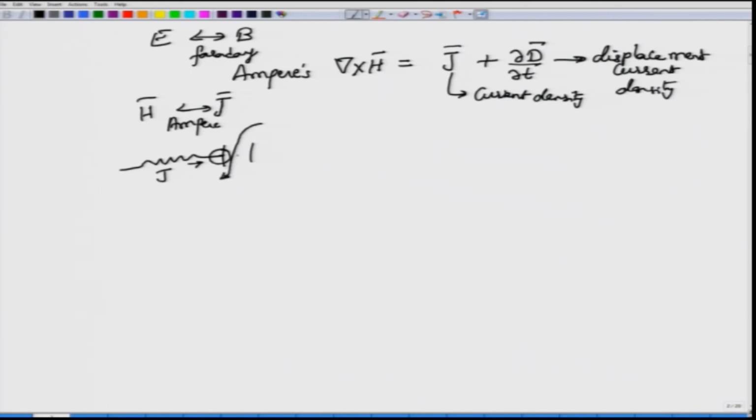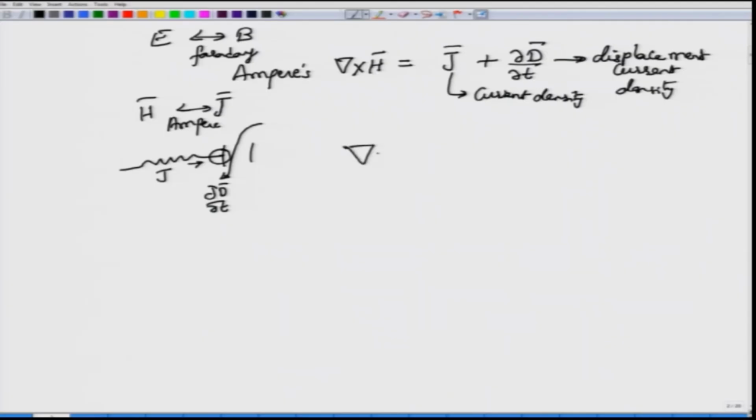There is current in the capacitor, and that current is what we call displacement current, given by del D by del t. I hope you are able to see all this, and what Maxwell did to complete Ampere's law is now called the Ampere-Maxwell law. You can see that the Ampere-Maxwell law connects H with J and D.